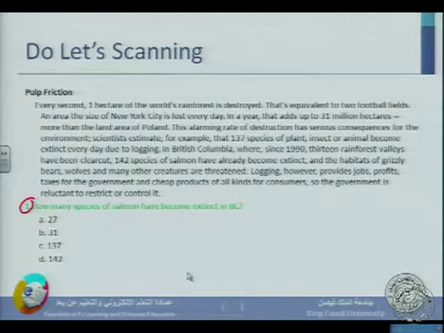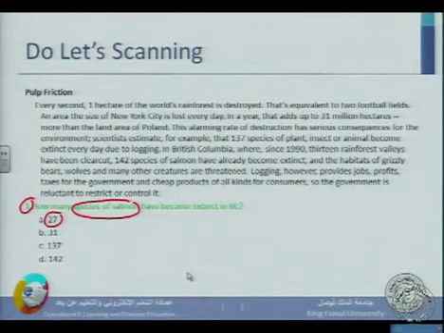Is it necessary for me to read the whole paragraph? No. You need to look for the numbers, and you need to look for something about the species of salmon, because the question is about species of salmon. Now, number 27. You can find it here. Now we are using scanning. For example, number 27.